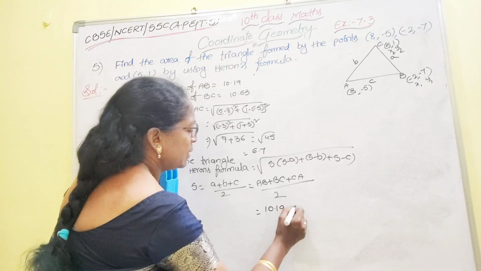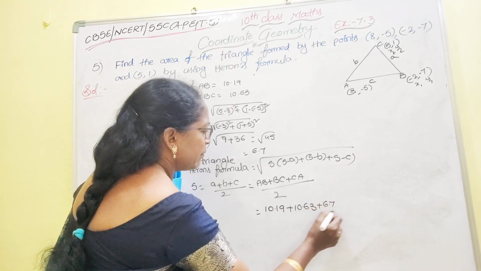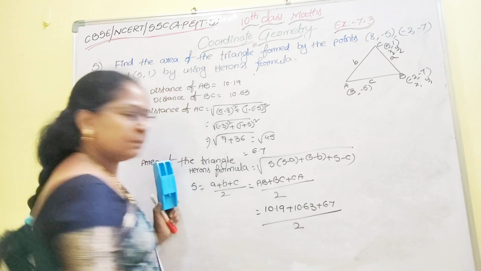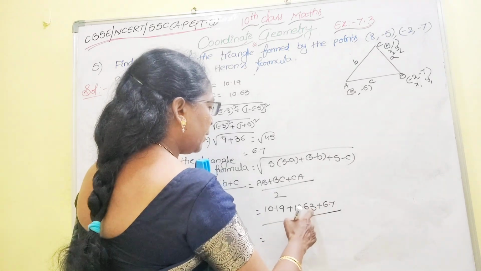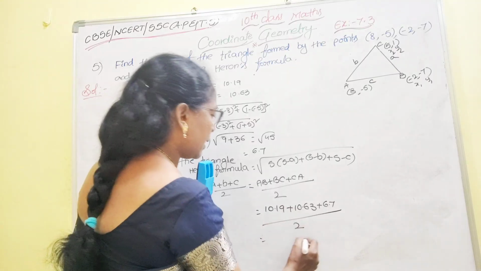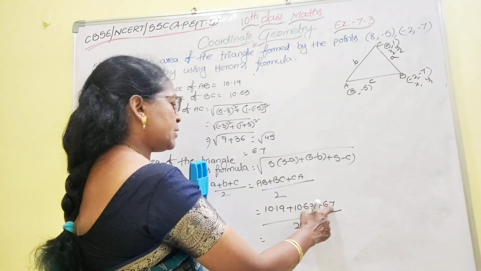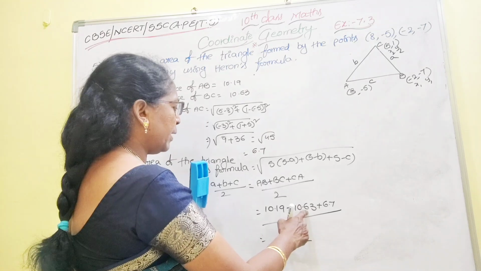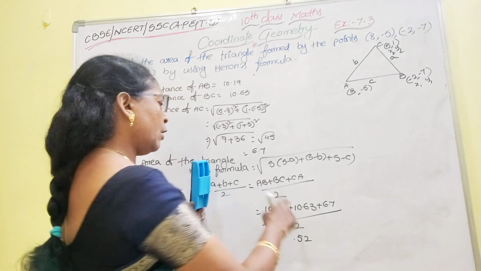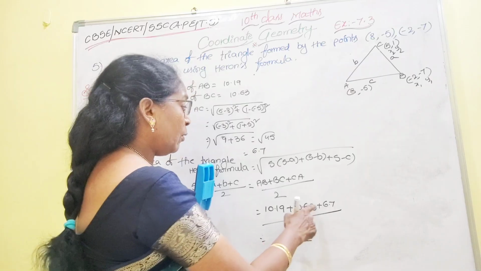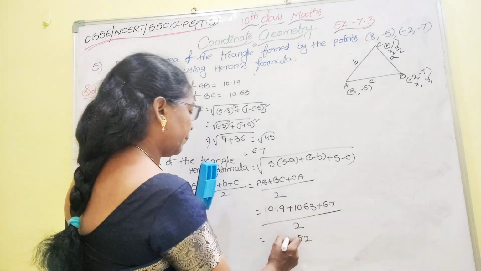10.19 plus 10.63 plus 6.7 divided by 2. Now add the values here. Unit digits 3, 3 plus 9, 12. 1, 1 plus 7, 8, 8 plus 6, 14, 14 plus 1, 15. Keep 1 in mind. The point is there, keep the point. 1, 1 plus 6, 7.